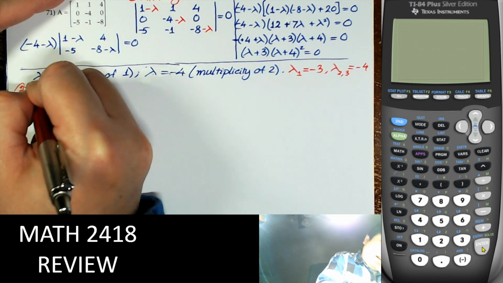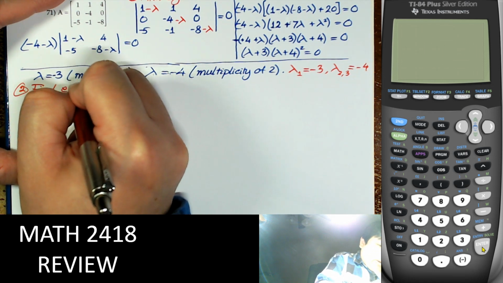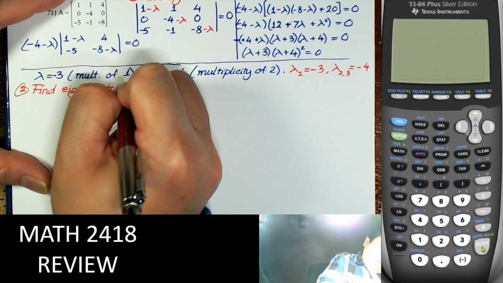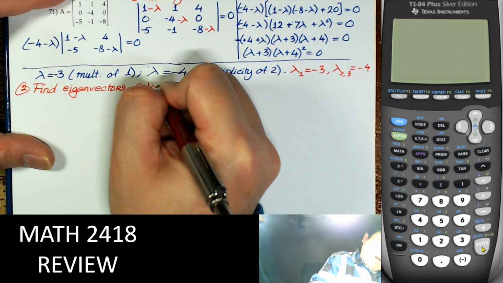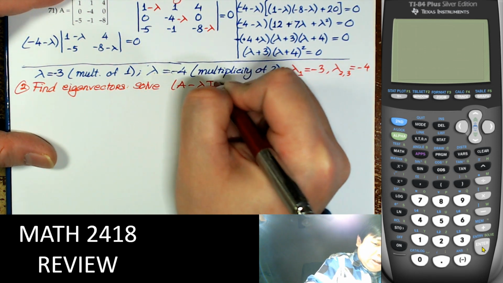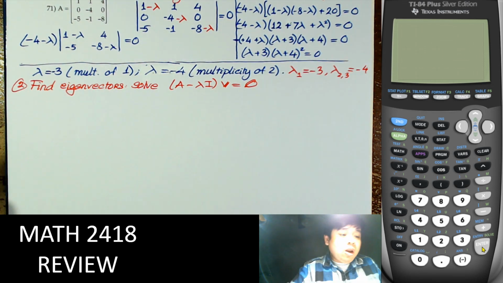And now to find eigenvectors is where we solve the homogeneous equation A minus lambda I times v equal to 0 vector. Right.